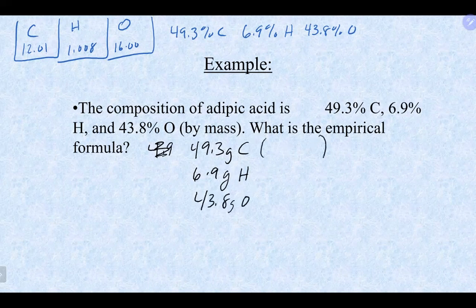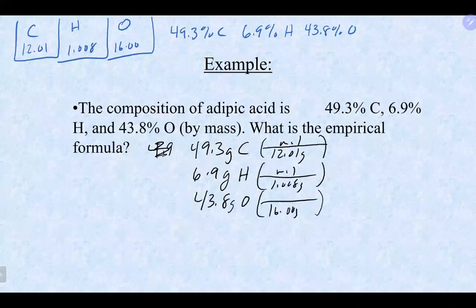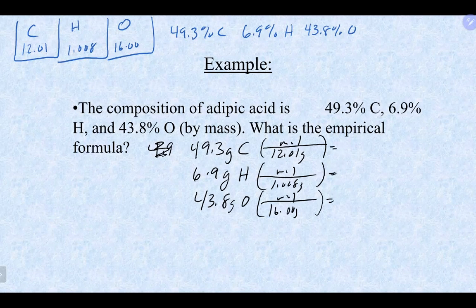Once again, we're just going to convert into moles. So 12.01 for our carbon, 1.008 for our hydrogen, and 16 for our oxygen. That's going to get us 49.3 divided by 12.01, which is 4.1049 moles of carbon.